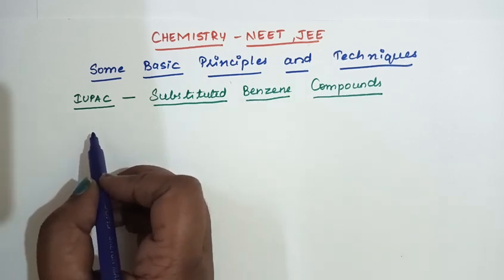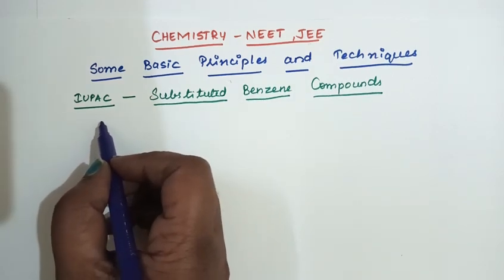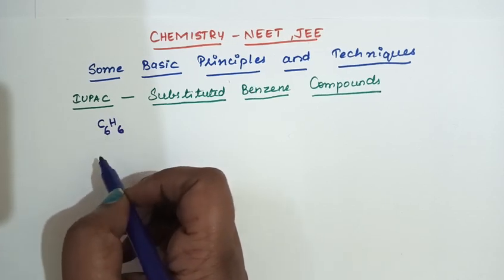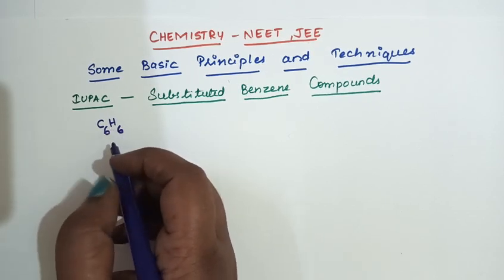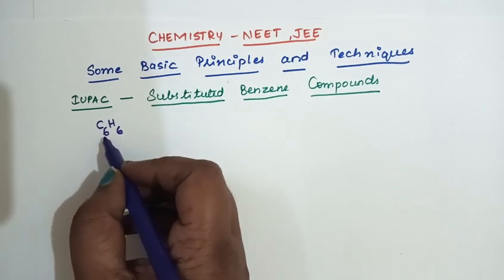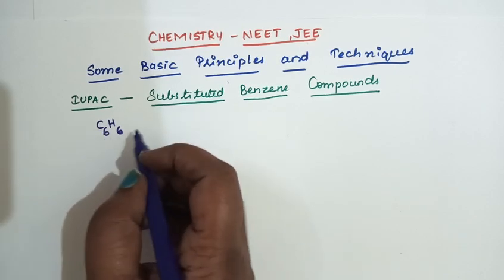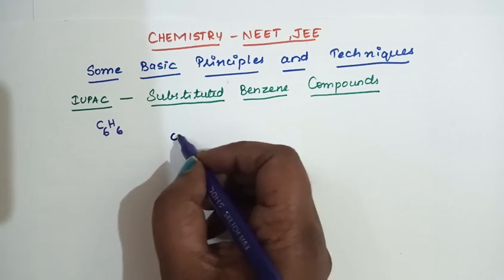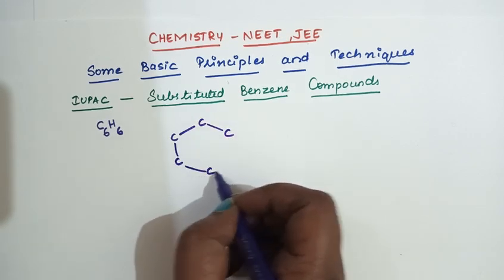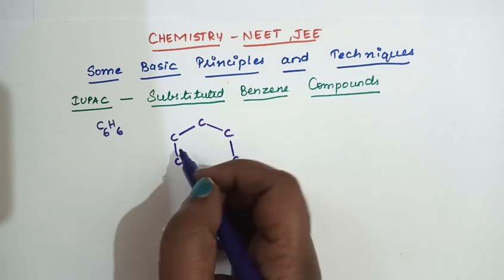So what is the molecular formula for benzene? It is C6H6. So this is the molecular formula for benzene. So let us write the structure. How many carbon atoms are present? There are 6 carbon atoms. So 1, 2, 3, 4, 5, 6.